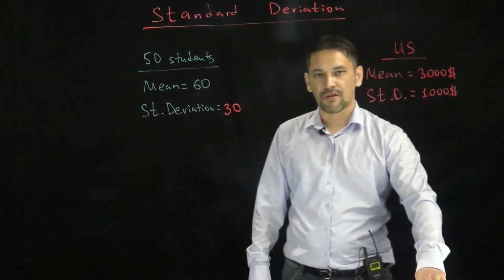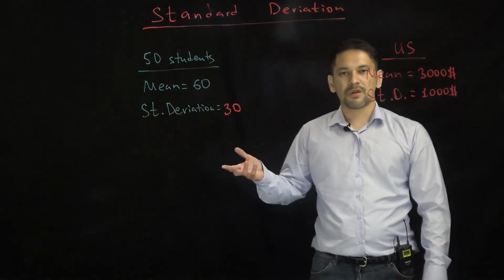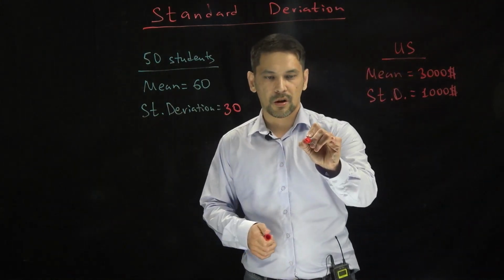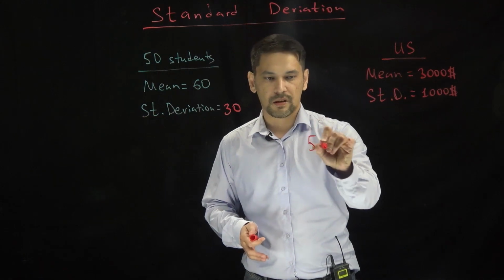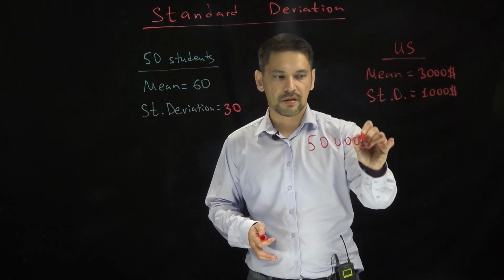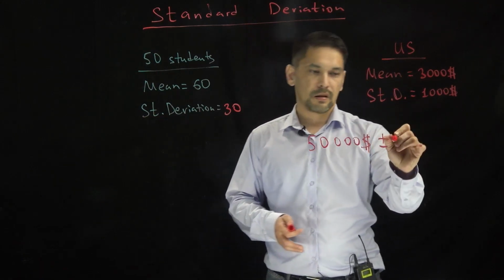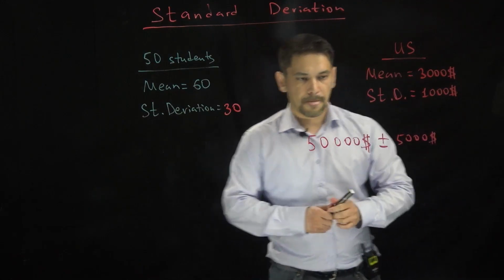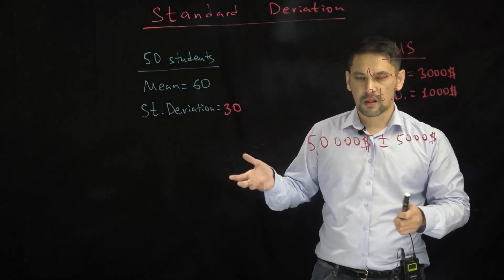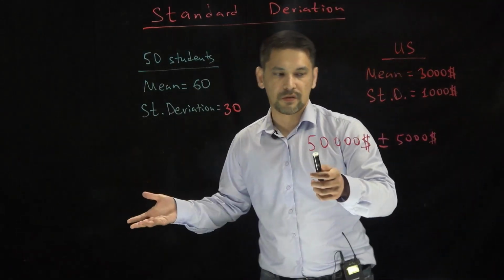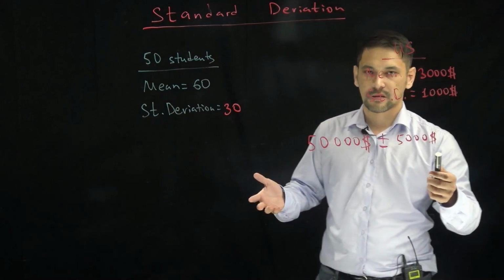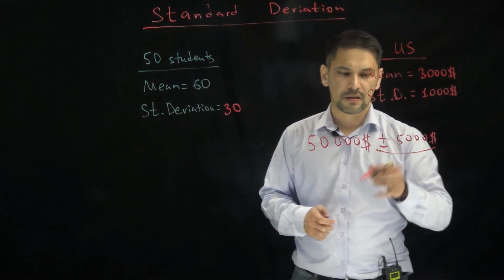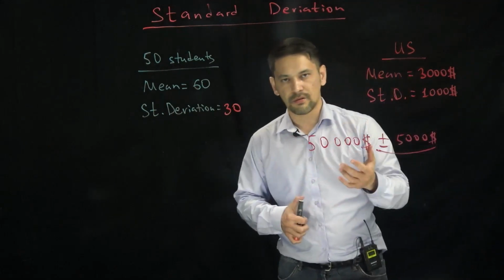Here's one more example. If I ask you guys, how much is an apartment in Almaty, you're probably going to say, well, a one-bedroom apartment in Almaty is approximately $50,000 plus or minus, let's say, $5,000. So a one-bedroom apartment in Almaty is on average $50,000 plus or minus $5,000. So when you say plus or minus $5,000 here, you actually mean a standard deviation.